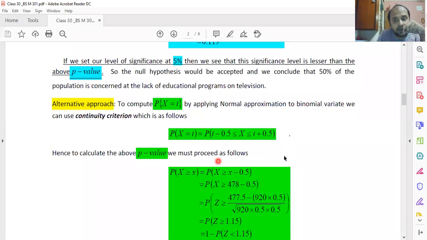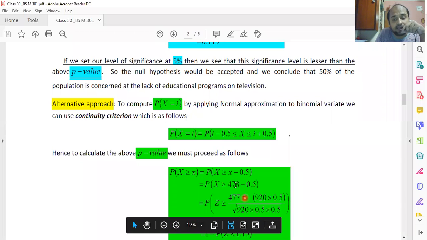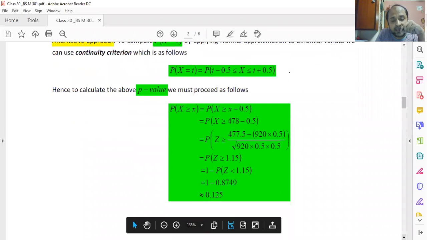Previously I wrote probability of X greater than or equal to small x as probability of X greater than or equal to 478. But here, by using continuity criteria, you can make it continuous, like you can subtract 0.5 from 478, and thus we get 477.5. Rest is same. You subtract the mean and divide by the standard deviation, and ultimately we'll get a term approximately equal to 0.125.